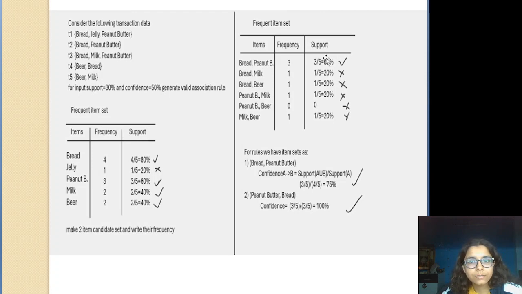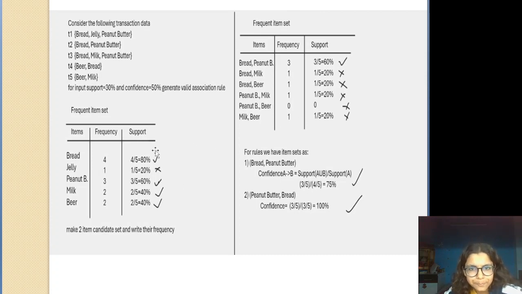So the support is 60. Then bread and milk only came one time. Bread and beer also came only one time, so 20%. Peanut butter and milk came only 20%. Peanut butter and beer never came together. Milk and beer was bought only one time, which is 1 by 5, 20%.